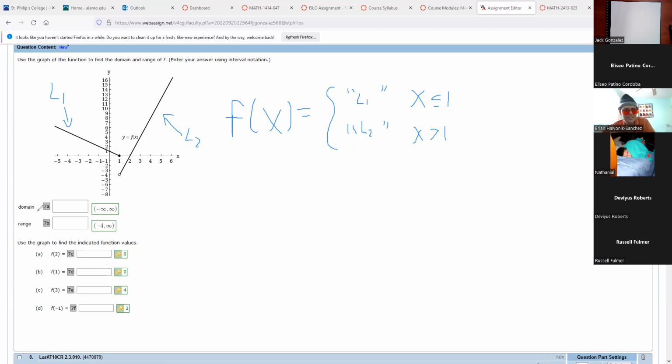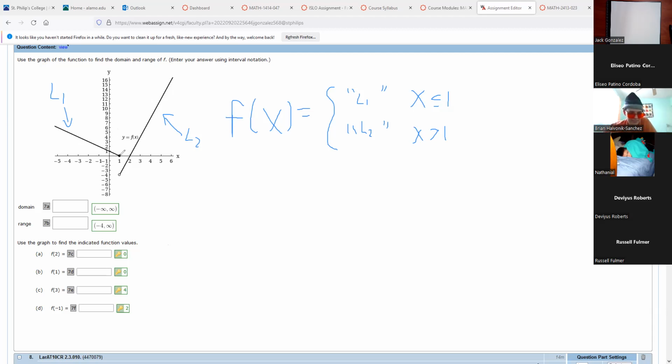You cannot say from negative infinity to 1 and then union with 1 to infinity. The domain would be everything because it covers every single point. If there was a point not covered, then you would have to use unions to exclude that point.